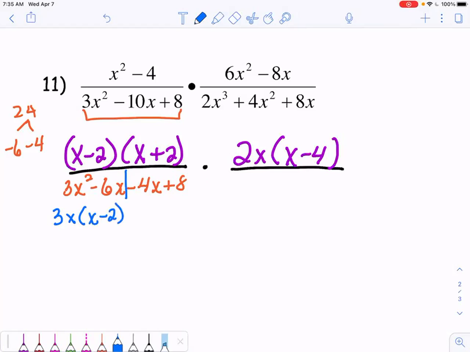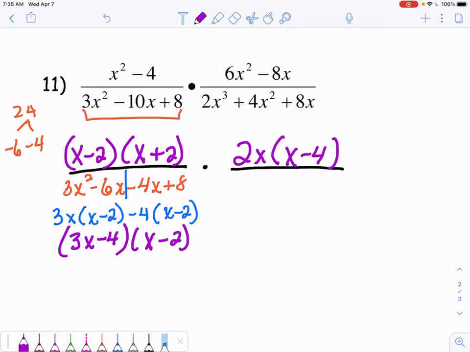The second pair have a negative 4 in common. And then remember, the special thing about AC grouping is that when you pull out the greatest common factor of the pairs, the quantity in parentheses is the same. So this ends up factoring as 3x minus 4 and x minus 2.